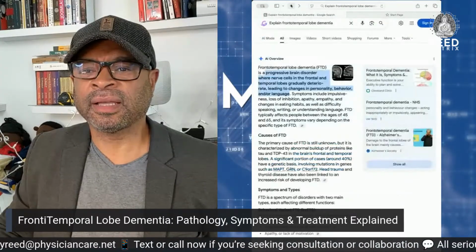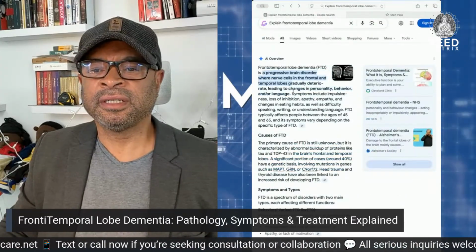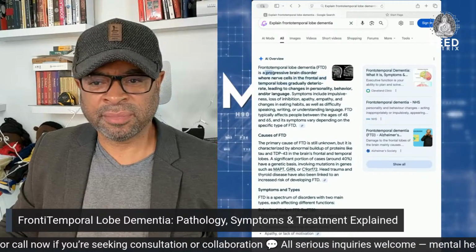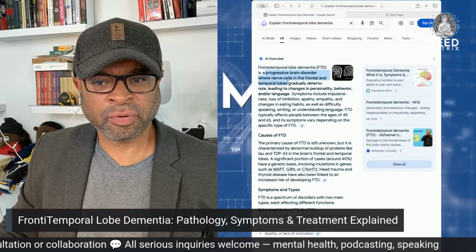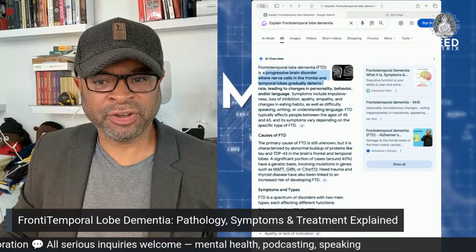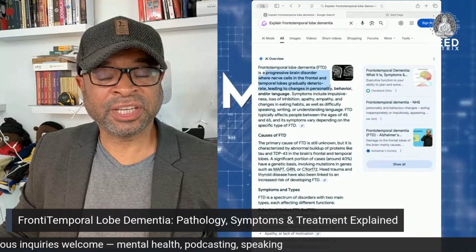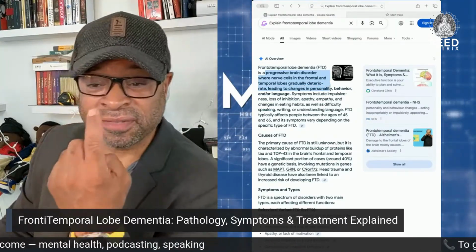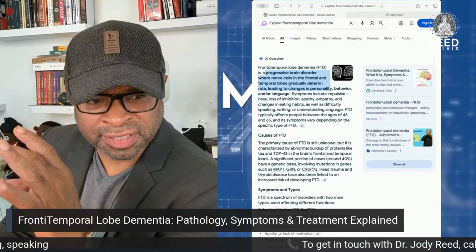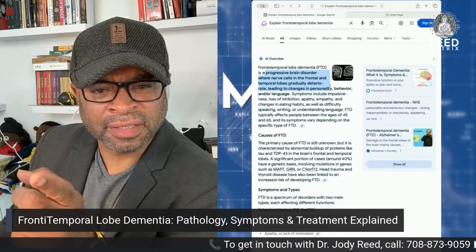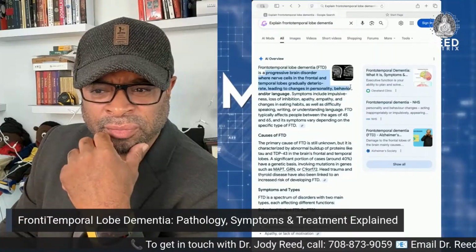Okay, yeah. So it's a progressive brain disorder where nerves in the frontal and temporal lobes are gradually deteriorating, leading to changes in personality because it affects the frontal lobe. The frontal lobe is attention, concentration, planning, organization, things like that, right? Also, behavior.